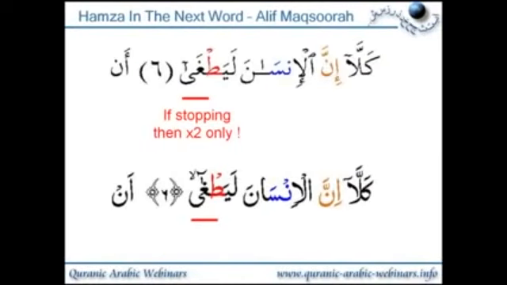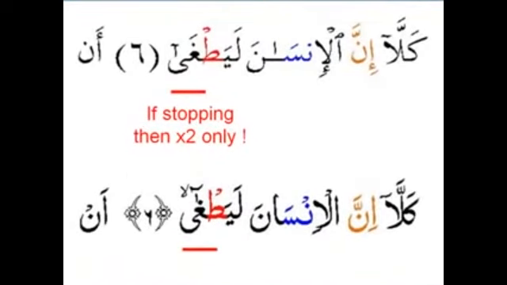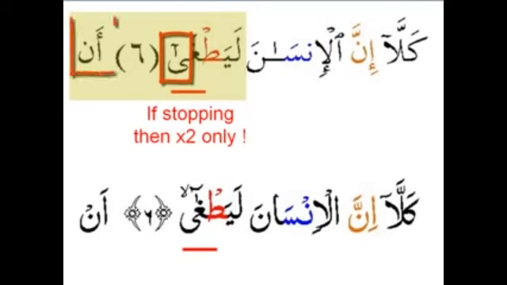Now, with the alif maqsura, you've got to be a bit careful when you're stopping on a word which ends in alif maqsura. So here we have a word which is la yatgha. Now normally the gha would be too long, and you can see that with the small dagger alif, and they've put a madda on it because in the next sentence which follows, the first word begins with hamza.